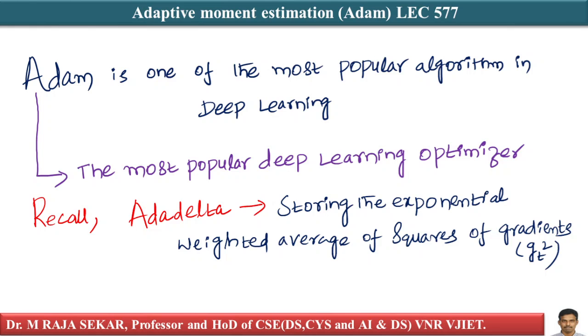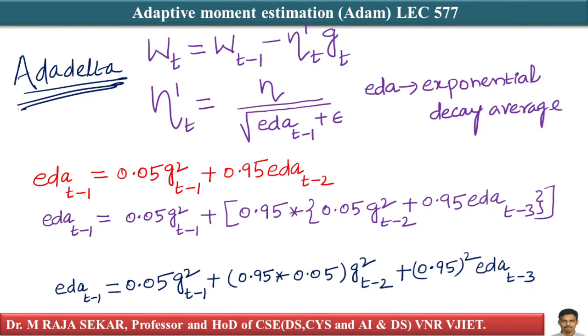We are using this to modify our learning rate through eta dash t. Just try to recall this. We are taking squares of gradients: EDA at t equals 0.95 into EDA at t minus 1 plus 0.05 into GT square. We are taking the squares of the gradients and using it in eta dash t.